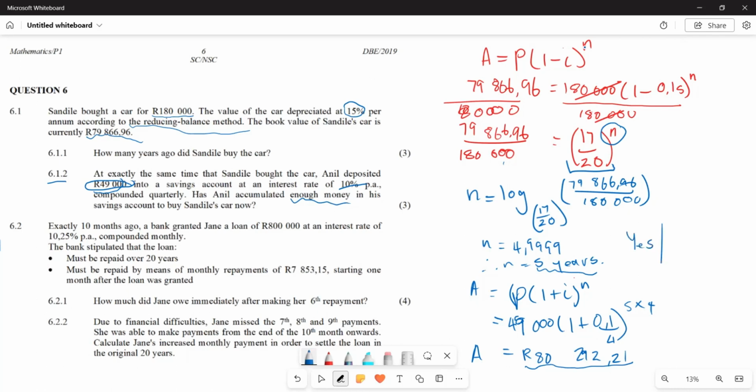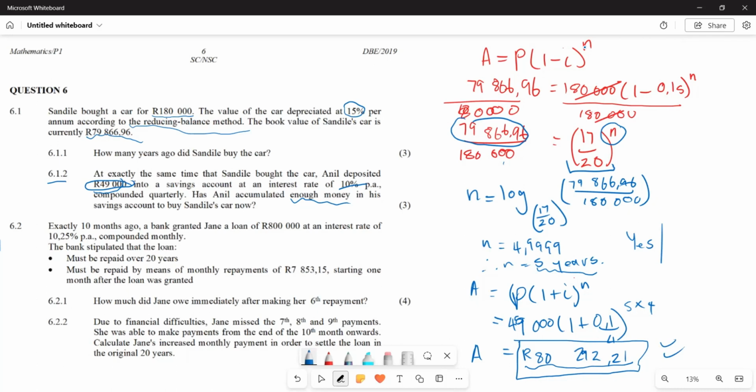The answer is yes, because look, the current book value of the car is 79,866. And Anil has invested, with the interest, and the money is now at 80,000. So yes, she is going to be in a position to purchase because the money will be enough, right?